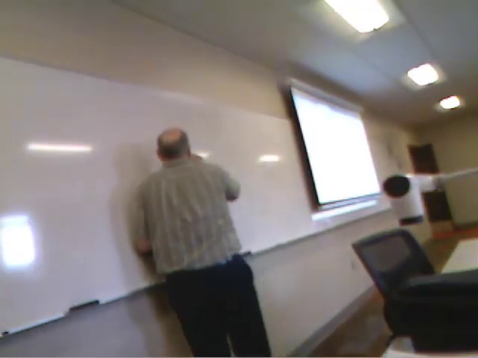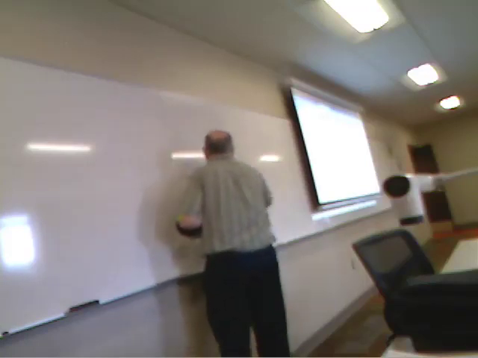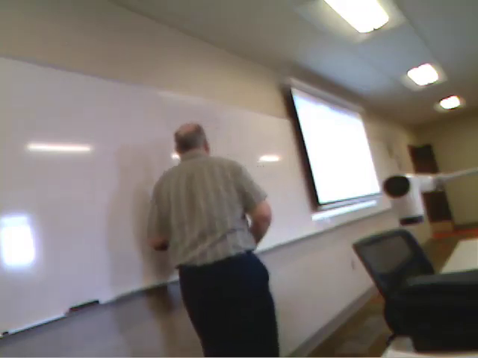So let's say that we have the number of customers, and this is what we're going to assume. We'll have 40 customers. The probability of that happening is, let's say, 10%.